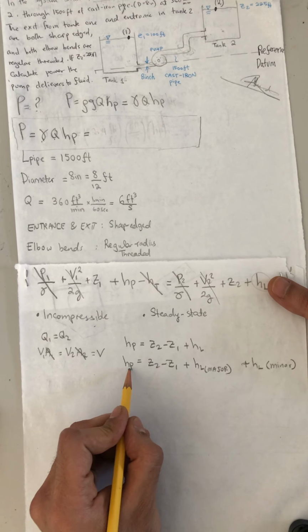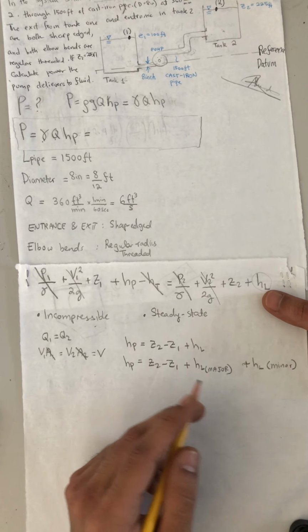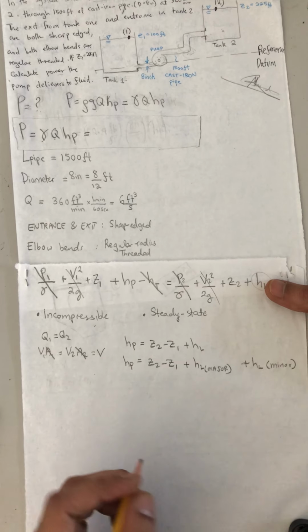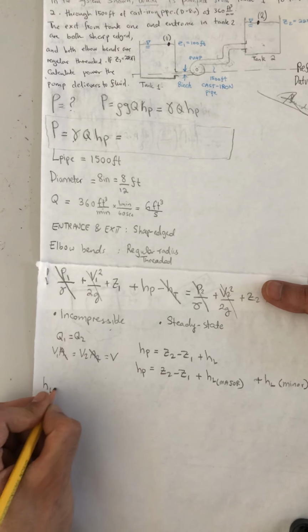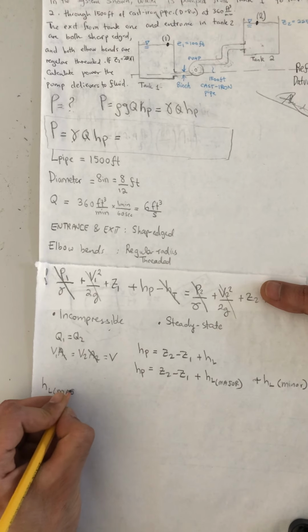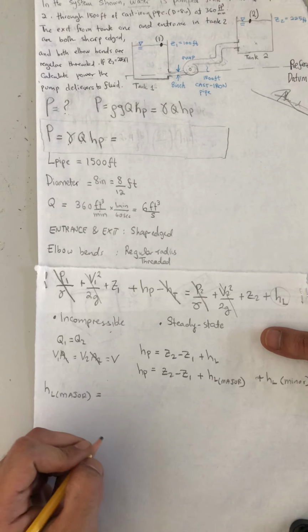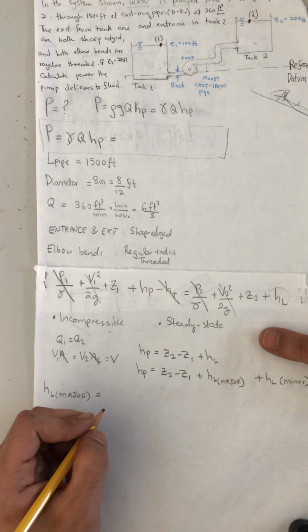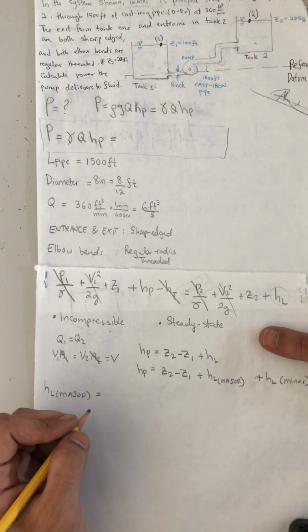In order to solve for the head gain of the pump, we need to solve for the major head loss. Our major head loss is found by the Darcy's equation for head loss.